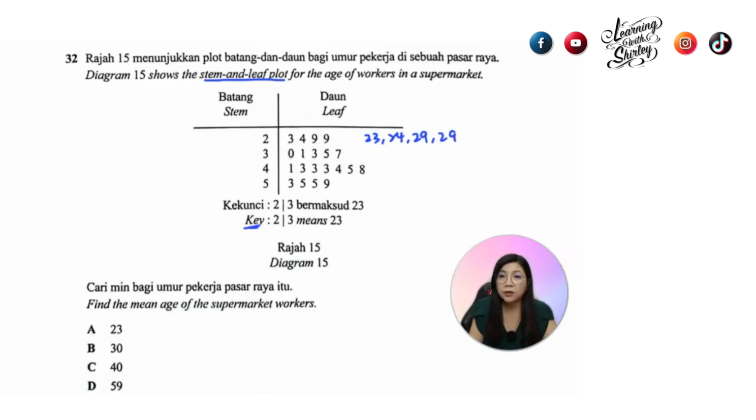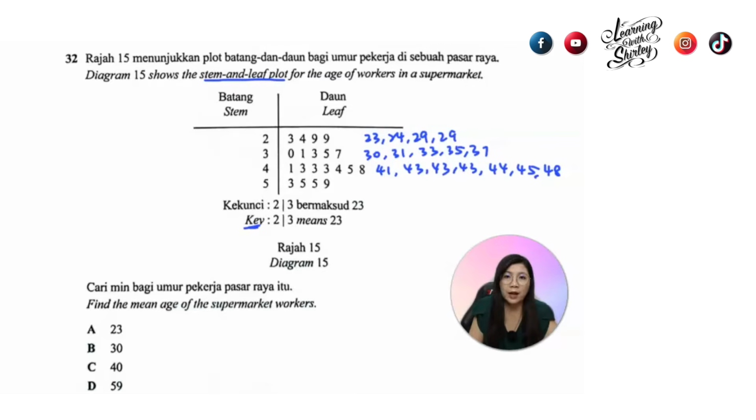and 29. Okay? Next, we have 30, 31, 33, 35, and 37. And then the next one is 41, 43, 43, 43, 44, 45, and 48.